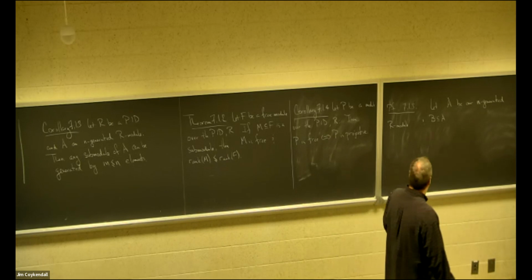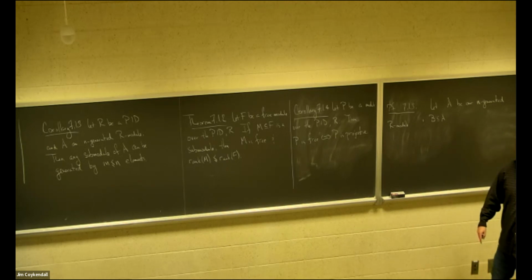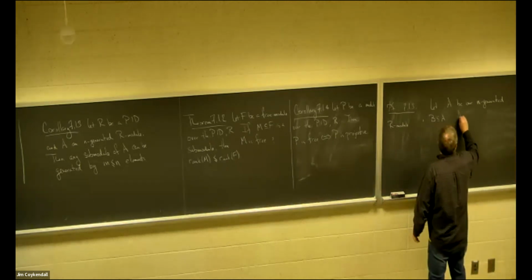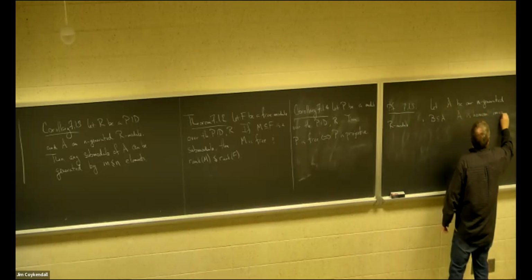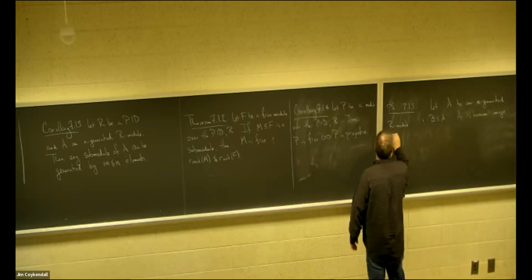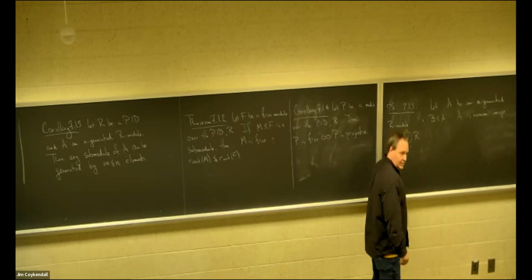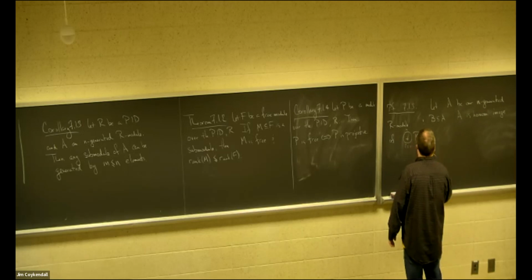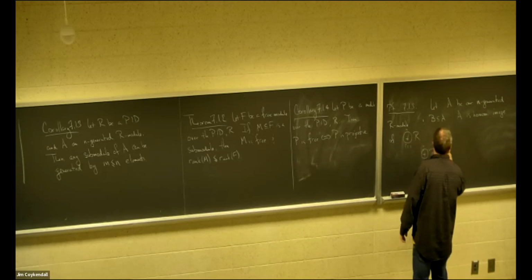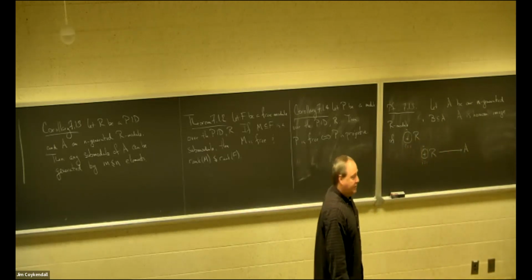A is a homomorphic image of a free module, right? So there is a map from here to here that is onto.